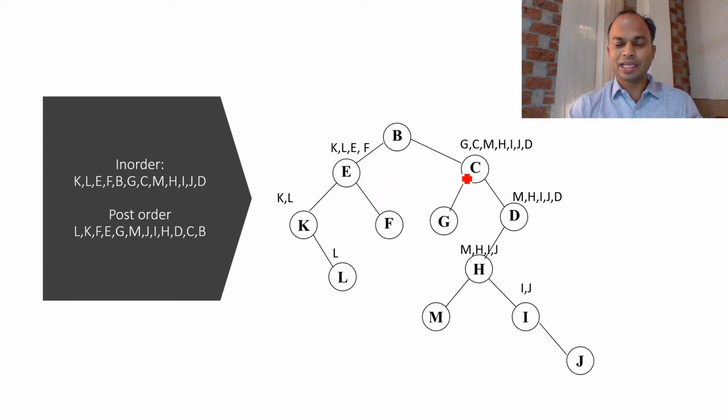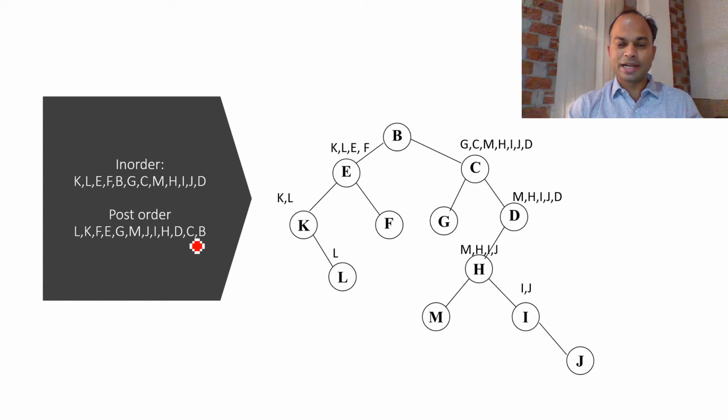Now the same working we have to do for the right subtree. In the right subtree the nodes are G, C, M, H, I, J, D. Further we have to refer to our post-order, and in the post-order the last value is C, and C is our root.